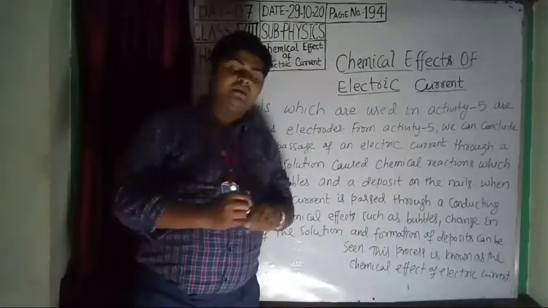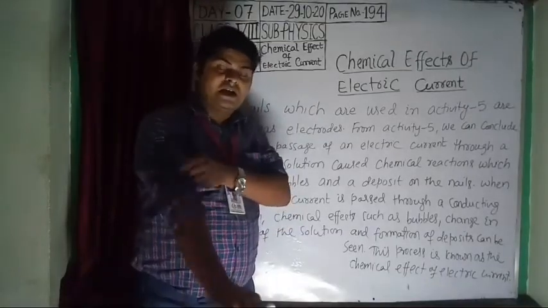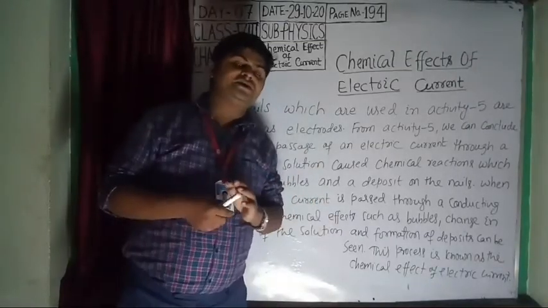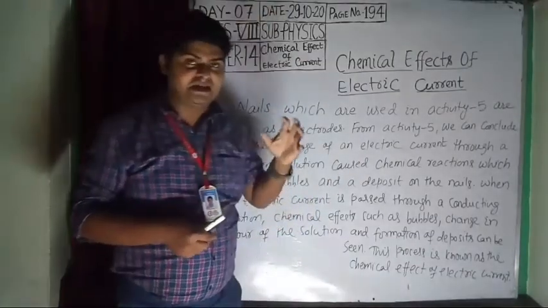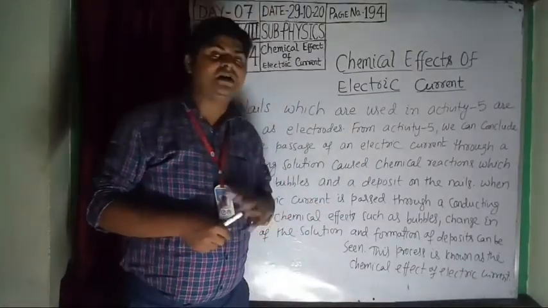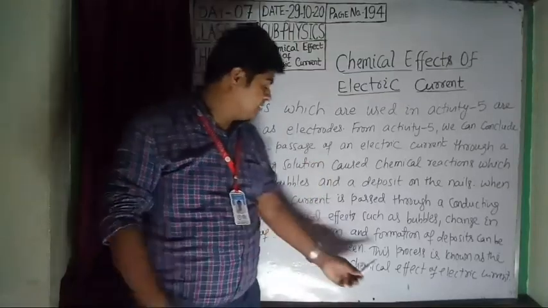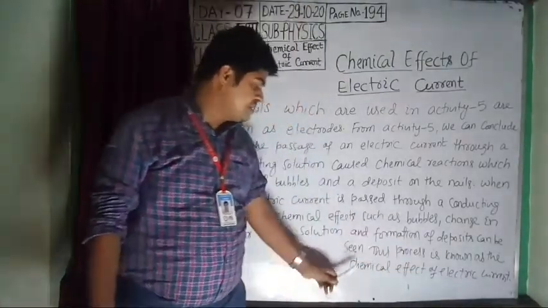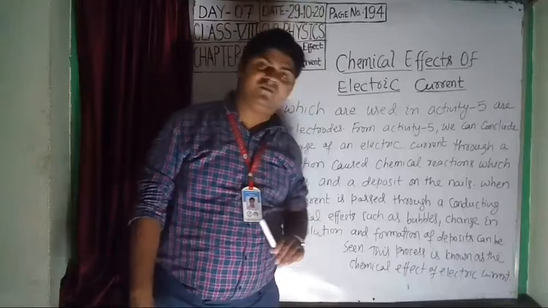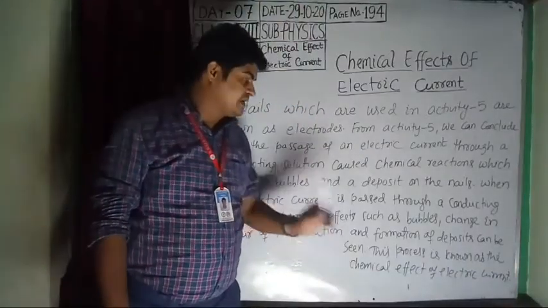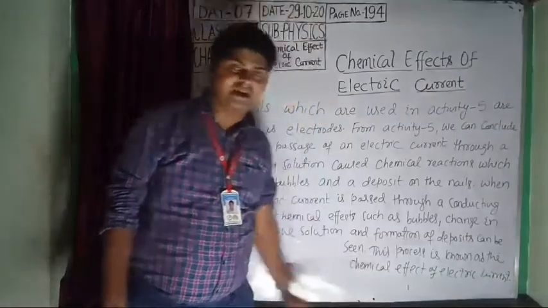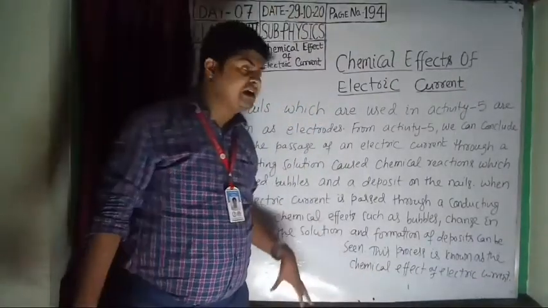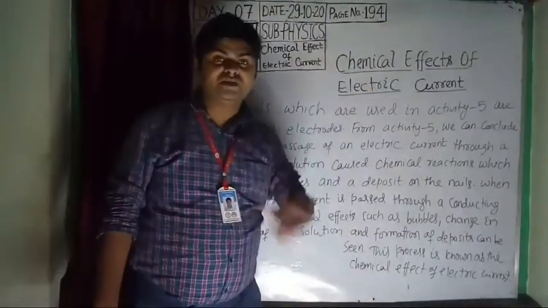That means the color of the solution may change during a chemical reaction when electricity is passed through it. This process is known as the chemical effect of electric current. Students, how will you define chemical effect of electric current in your own language?